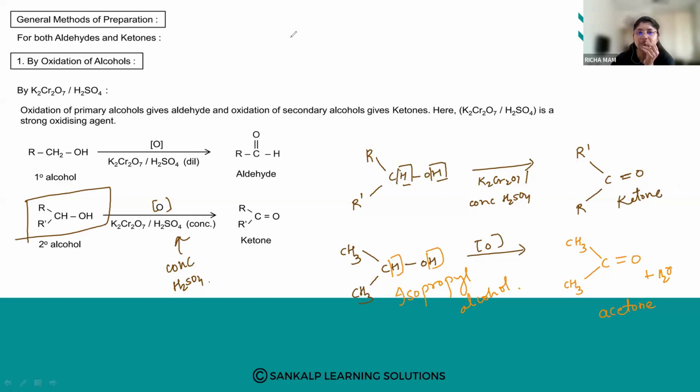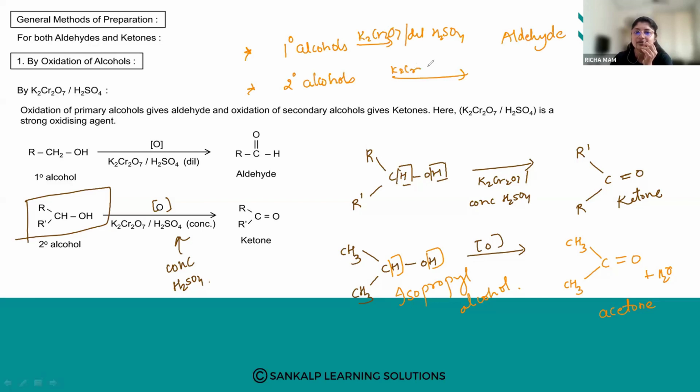Remember: when primary alcohols are treated with K2Cr2O7 in the presence of dilute H2SO4, we get an aldehyde. Please make a note. Secondly, when secondary alcohols are treated with K2Cr2O7 in the presence of concentrated H2SO4, we get ketones.